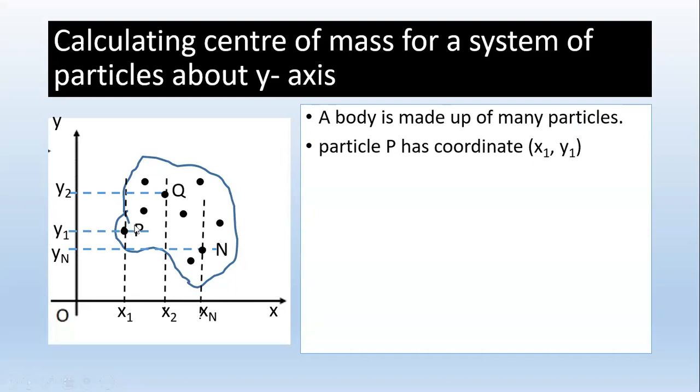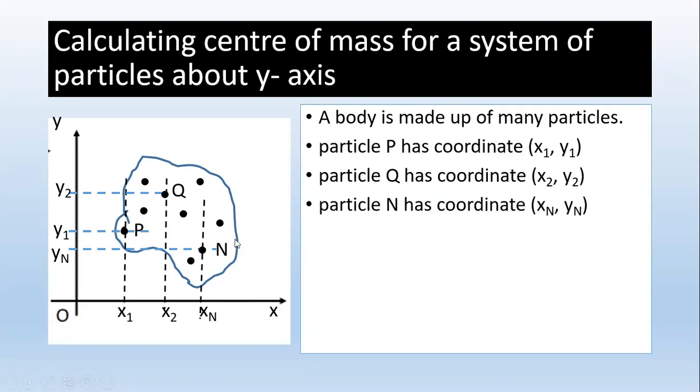Particle P is a distance x1 from the y-axis and a distance y1 from the x-axis. Particle Q is a distance x2 from the y-axis and a distance y2 from the x-axis.